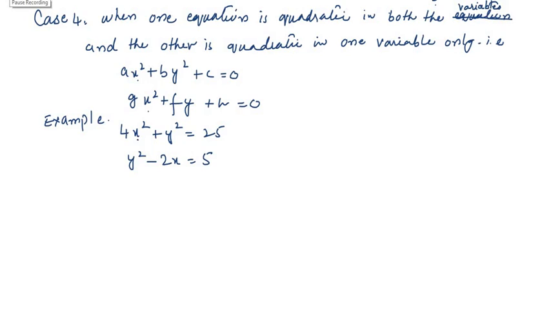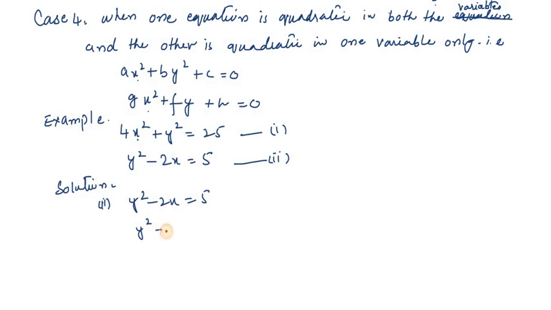So we consider this equation number 1, and this will be equation number 2. Solution. From equation number 2, y square minus 2x is equals to 5, then y square is equals to 5 plus 2x.